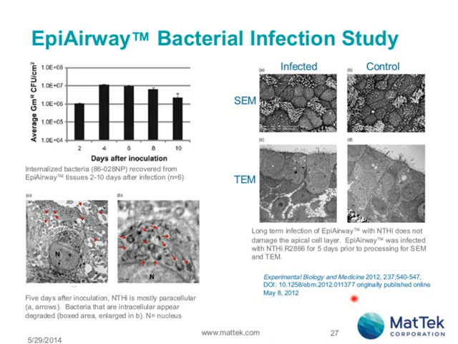And finally, the EM images on the bottom left show after 5 days of inoculation, the NTHI is mostly paracellular, as indicated in the red arrows here in A. The boxed area here in A is blown up larger in B and shows bacteria that has been found intracellularly and is shown as being degraded.